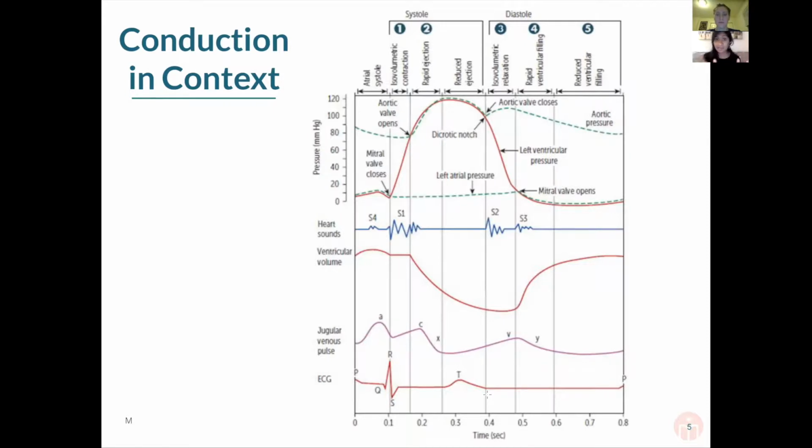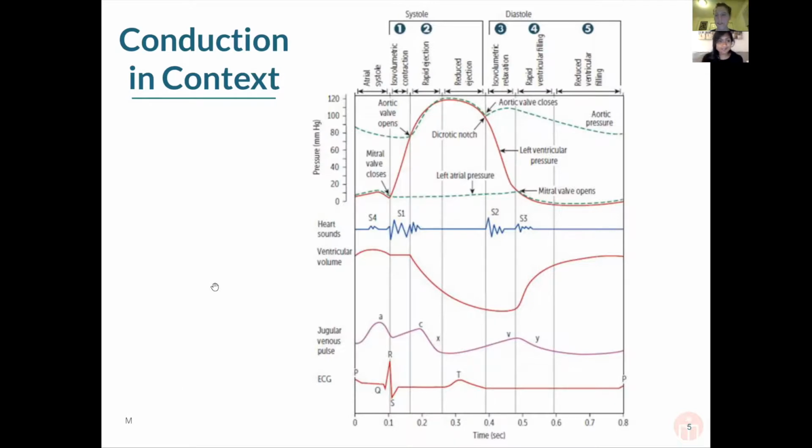So nothing is happening in terms of pumping function. At that point, it's all just electrical buildup. And then once the ventricles start to depolarize, which is the QRS complex, that's as soon as we enter systole, and that's when the pump function begins. So really trying to parse out what is happening electrically and when the mechanical things start to occur as well.